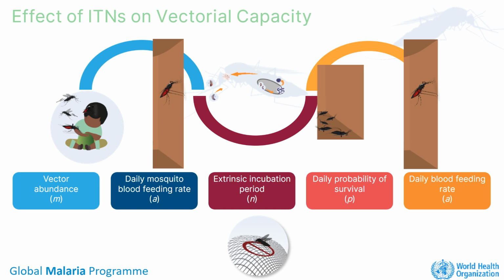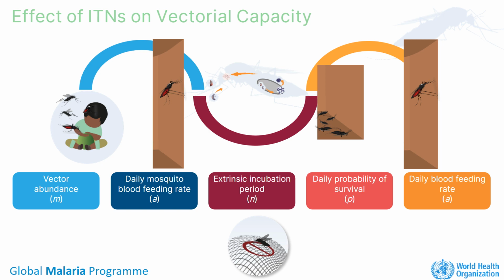It is determined by the abundance of vectors, their daily blood feeding rate, the length of time it takes for the parasite to develop within the mosquito, the lifespan of the mosquito, and its blood feeding rate. As we learnt earlier, ITNs provide a physical barrier between mosquitoes and people sleeping under the ITN and contain an insecticide that kills mosquitoes.